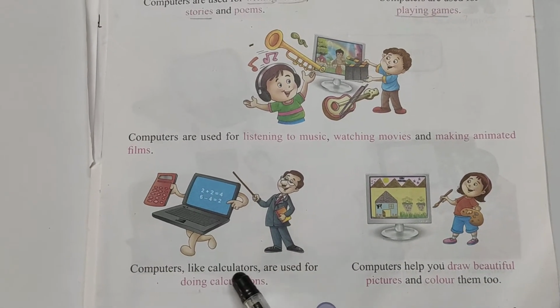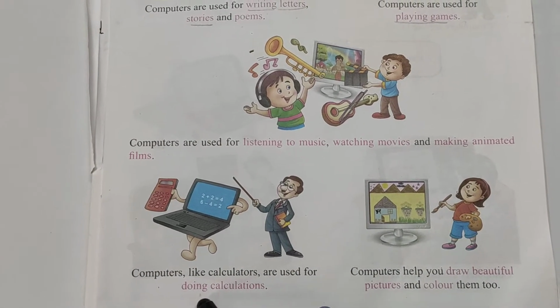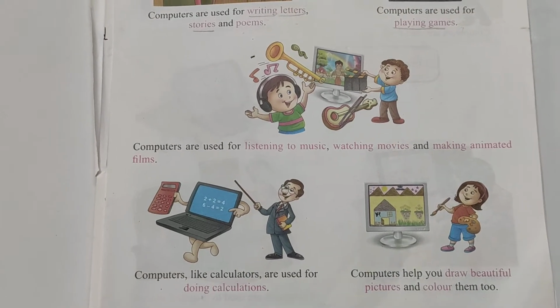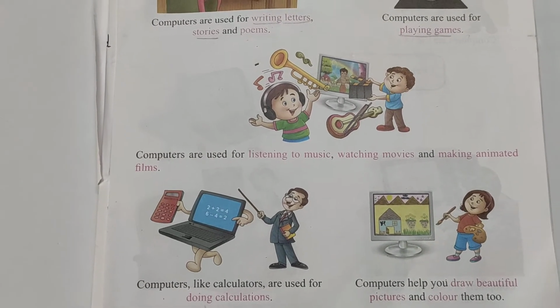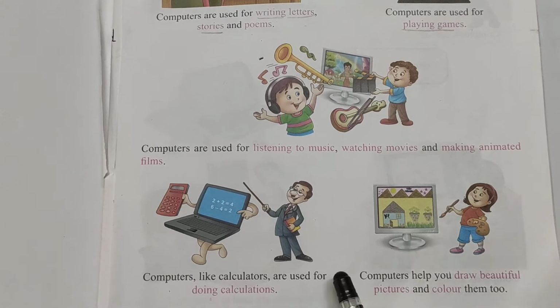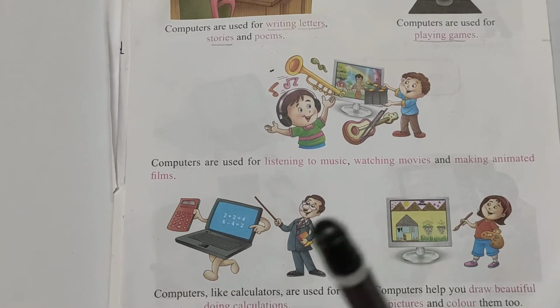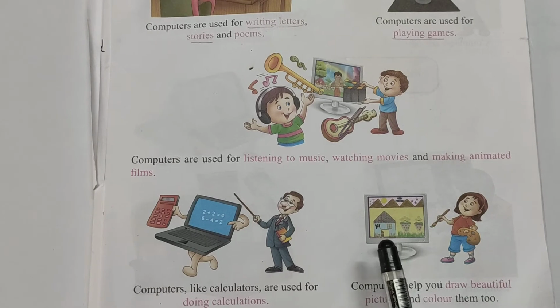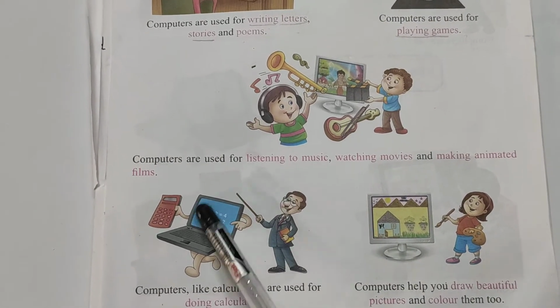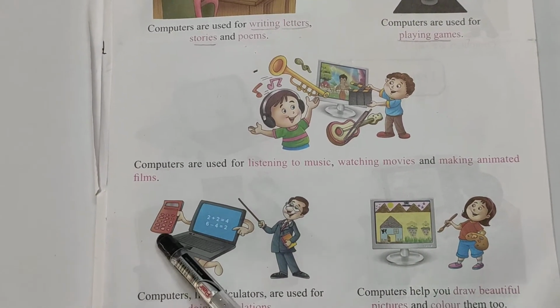Computers, like calculators, are used for doing calculations. So we can calculate many problems, right? We can solve the sums, right? We can calculate everything, many large numbers, or it might be small numbers as well. So we can calculate on a computer, right? We have a calculator on a computer.